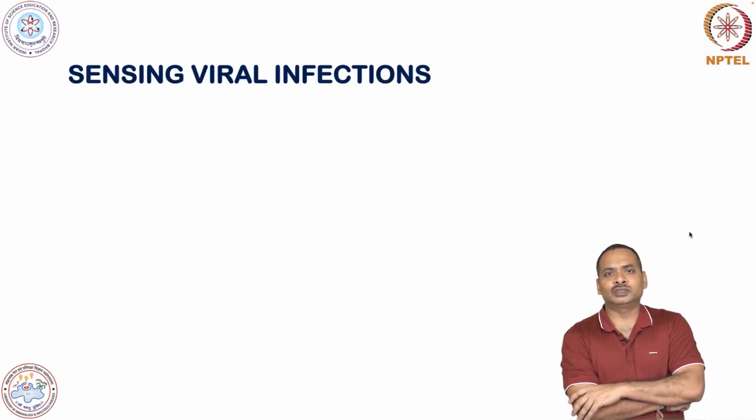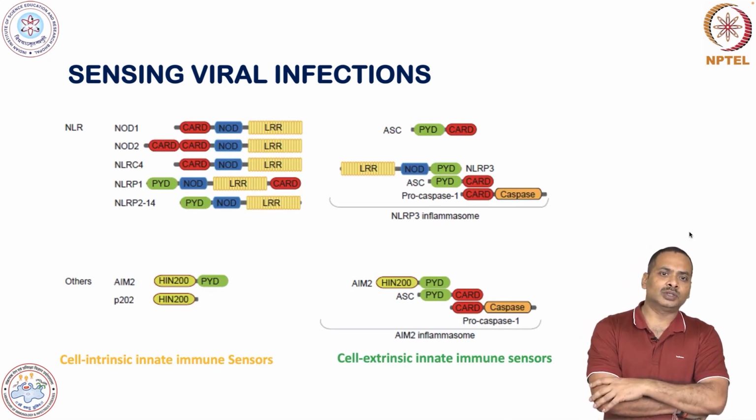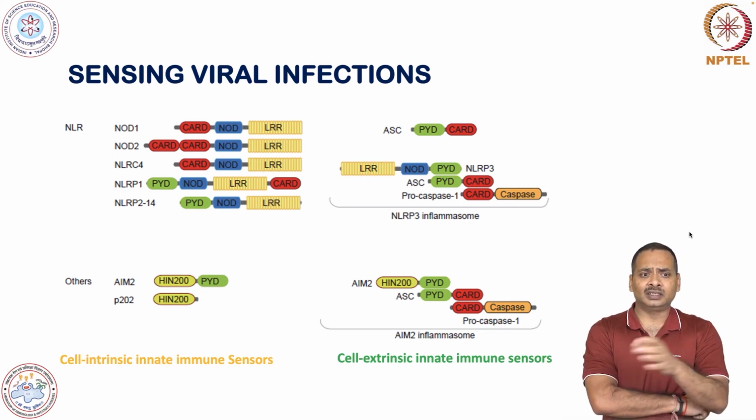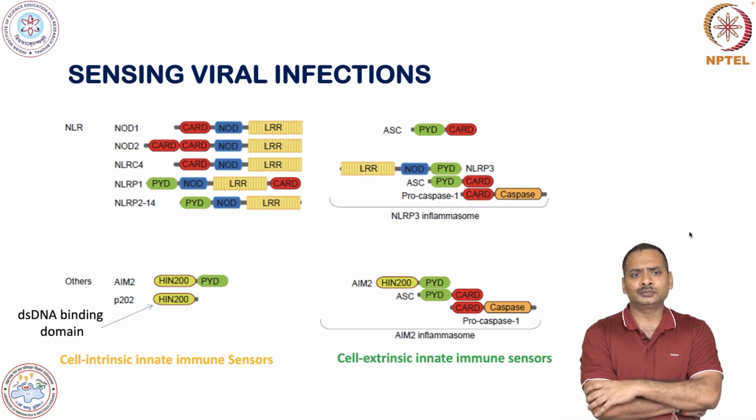So, we have discussed sensing of viral infection, and now we will discuss the NLR and others, that is AIM2 and P202.